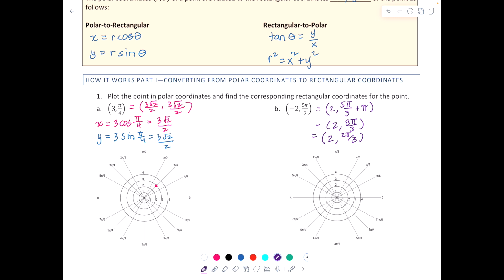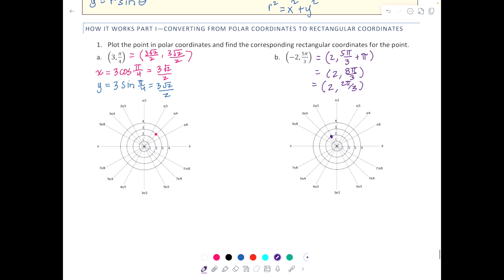And so 2 was our r, and then we're going to 2 pi over 3, so we're about there. Now, getting this into rectangular coordinates, I'll use that last result. And so x would equal r cosine theta, so 2 times cosine of 2 pi over 3.